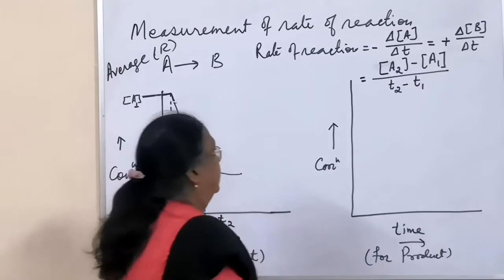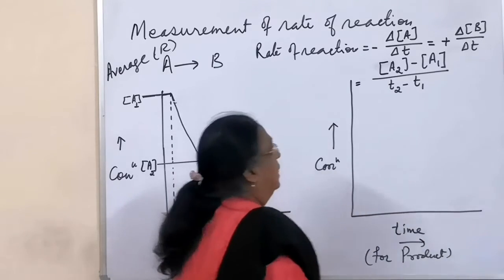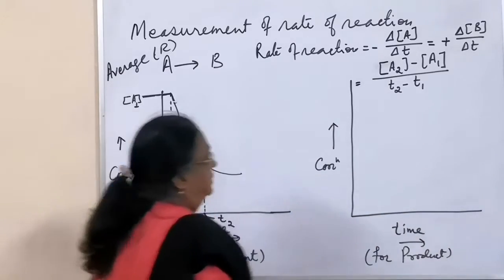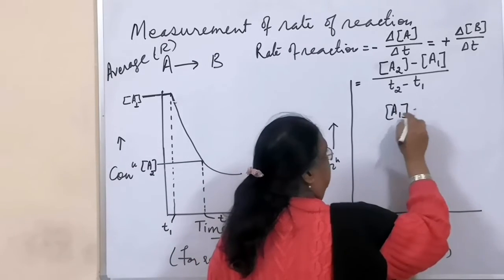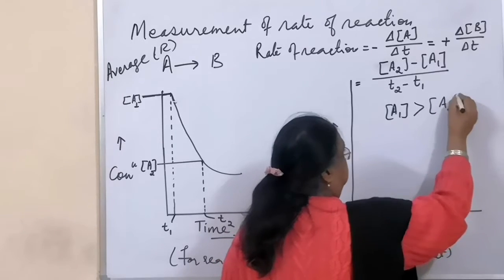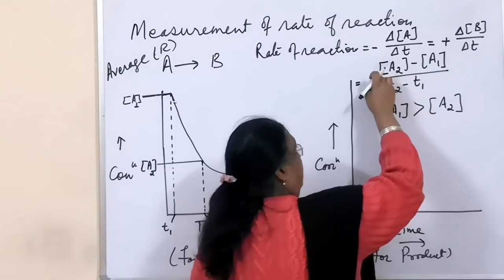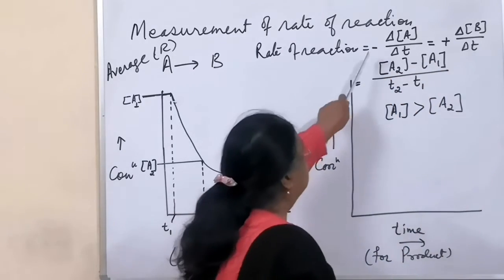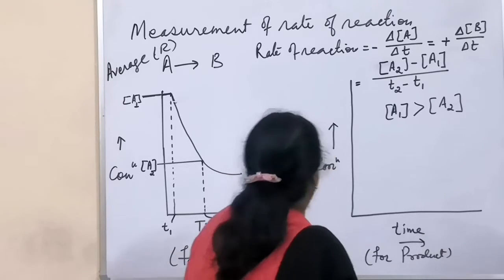Here A1, the initial concentration of A, is greater than A2. So this is greater, this is smaller. So the net result will be negative in terms of the reactant.